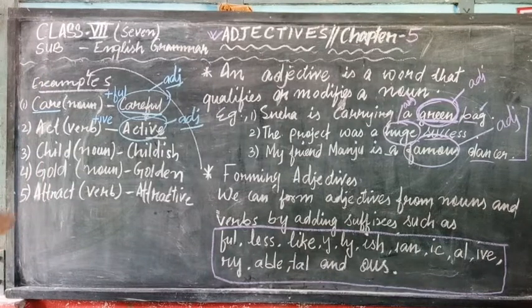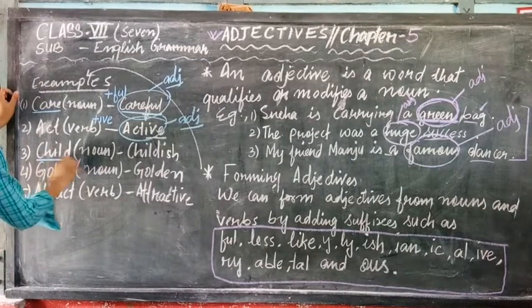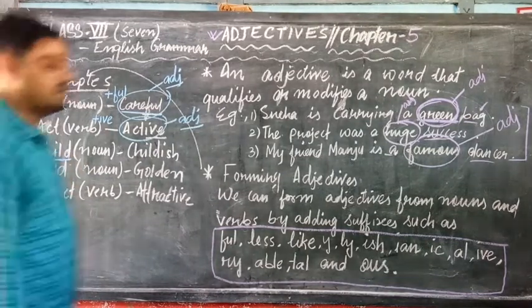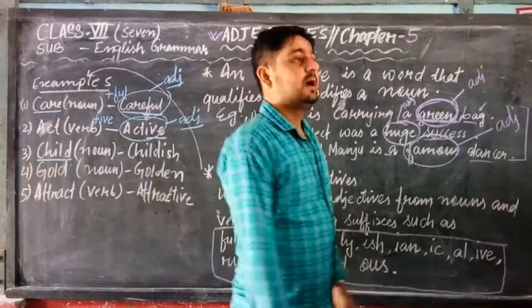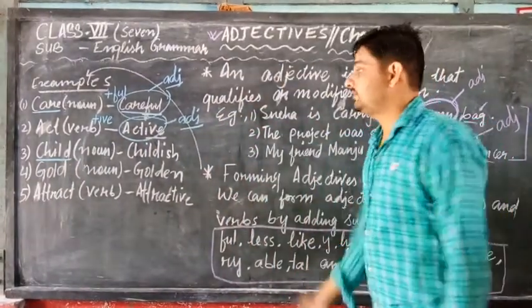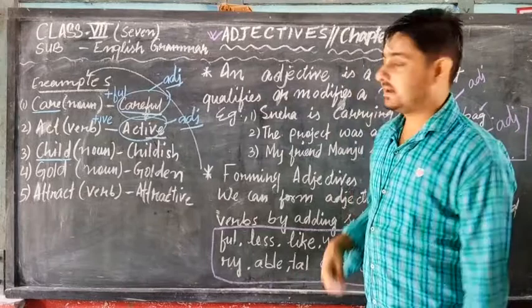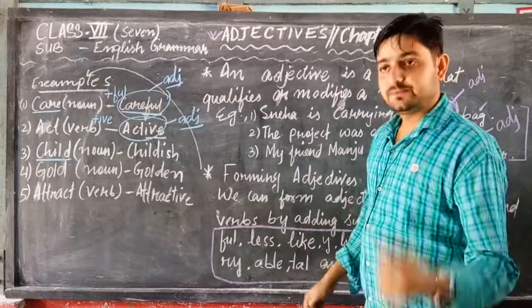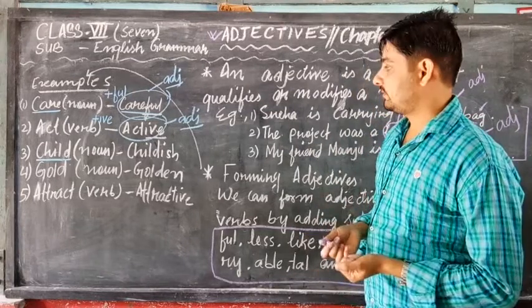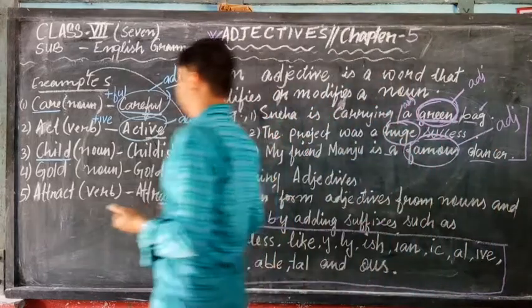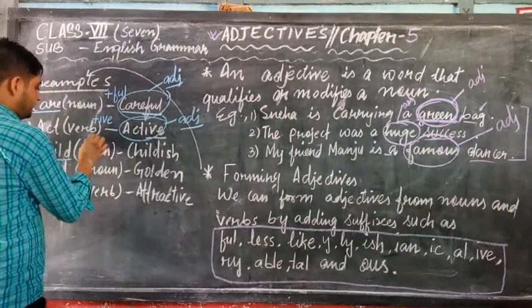One more example: child. Child is a noun. Which suffix can we use to make this noun an adjective?